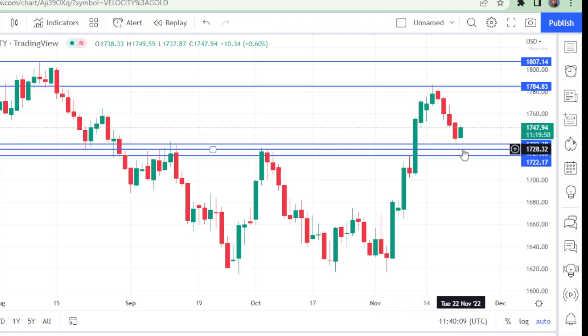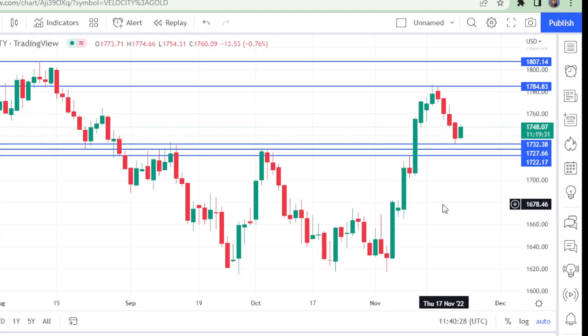Now gold has three resistances nearby. After this, gold has 1727.66. This is the resistance here, wick of this day, and this is also resistance, wick of this day.